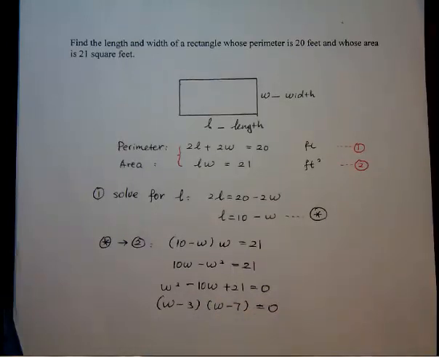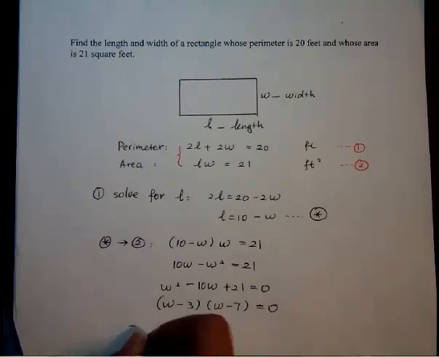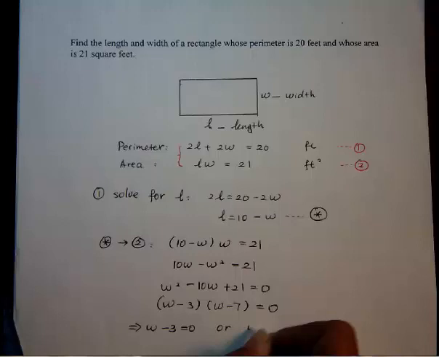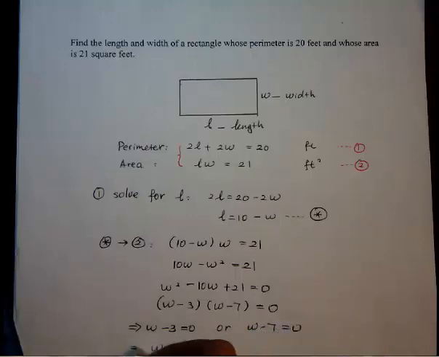So in this case, I have W minus 3 equals 0, or W minus 7 equals 0. So W equals 3, or W equals 7.